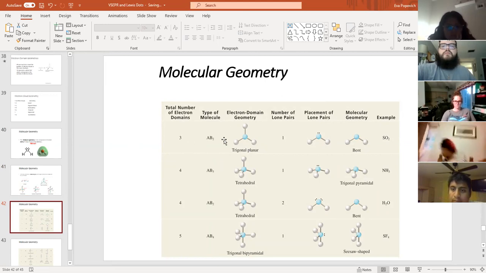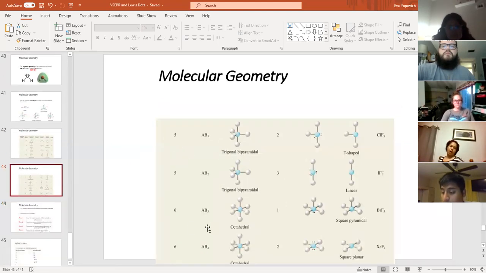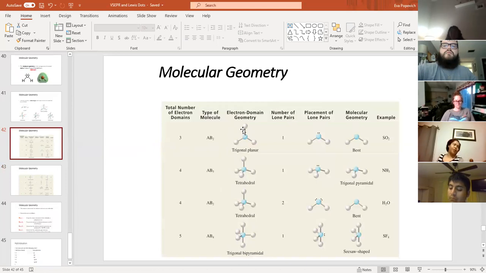If I have 3, trigonal planar, 4, tetrahedron, 5, I get a shape that looks like 2 three-sided pyramids on top of each other, trigonal bipyramid. 6, something like an octahedral, which means I have 2 four-sided pyramids on top of each other. That is the furthest away I can get one cloud from another.